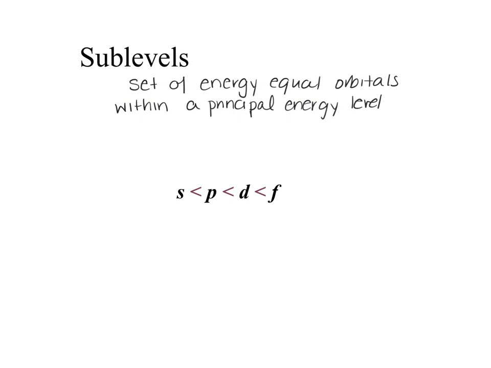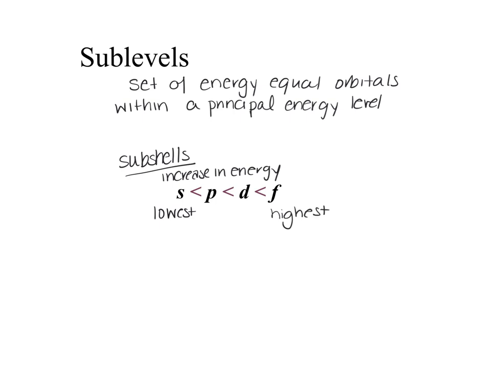And sometimes these are called subshells, right? And they increase in energy from S to F. So we use letters here to tell us what the subshells or sublevels are. And so S is the lowest energy and F is the highest.